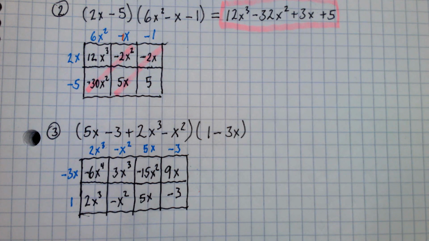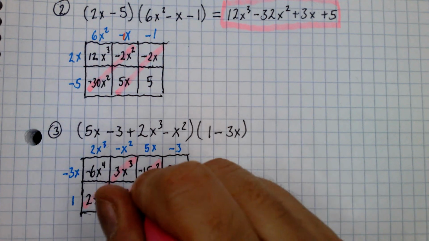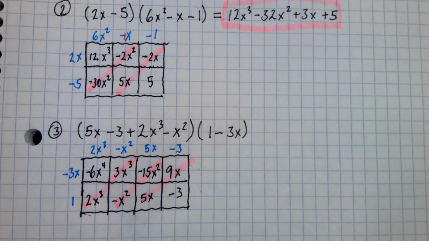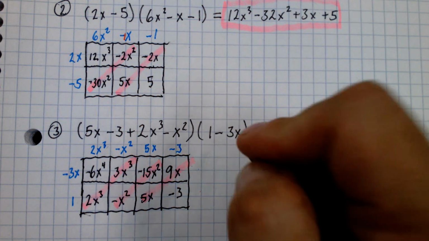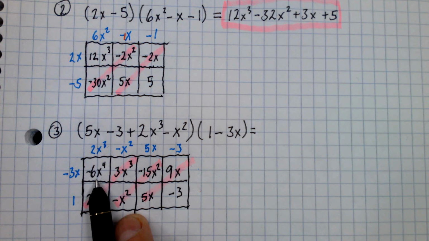You just multiplied by 1. All right, guys, the moment of truth. If our diagonals have like terms, we probably did it correctly, at least the exponents. Are all the diagonals like terms? Looks like they are. Okay, so let's see what we got.